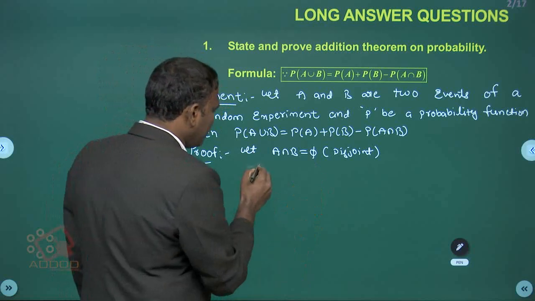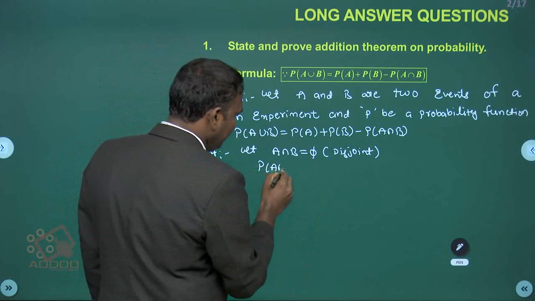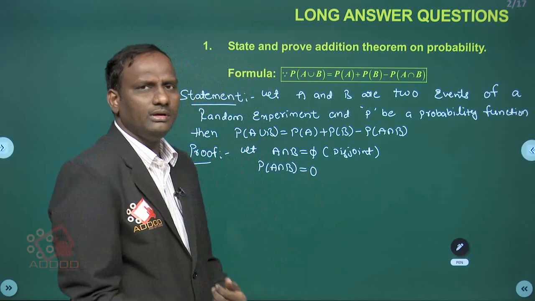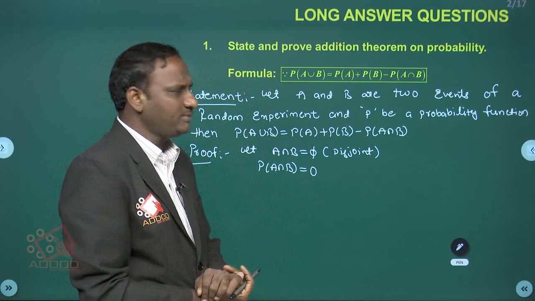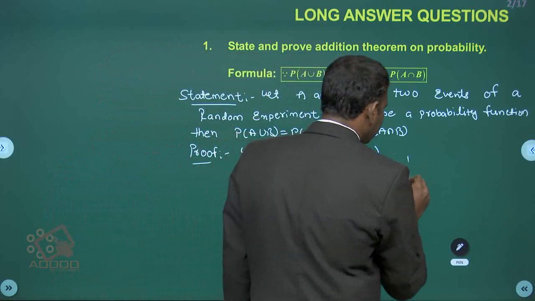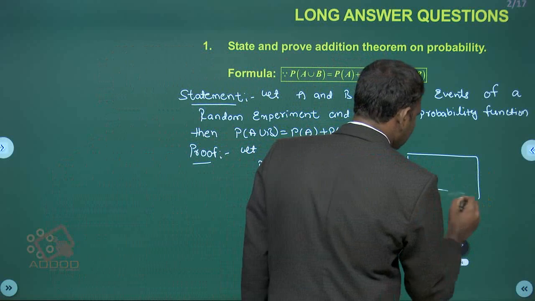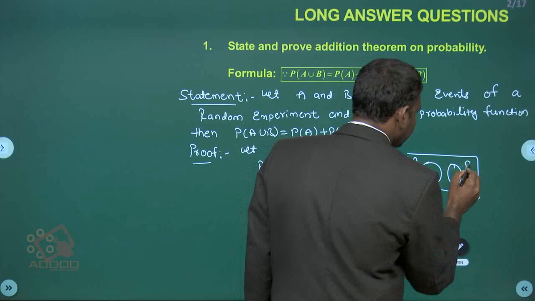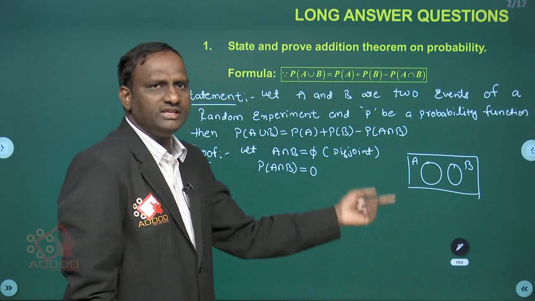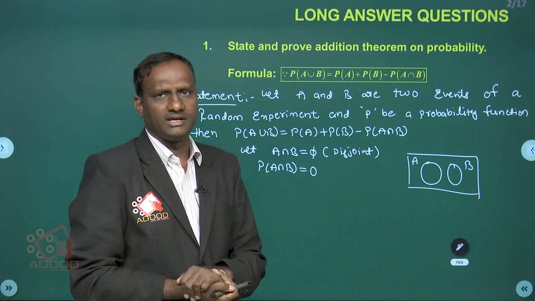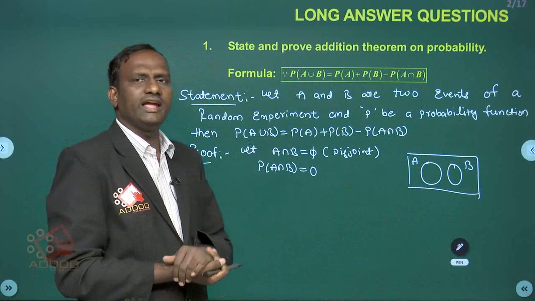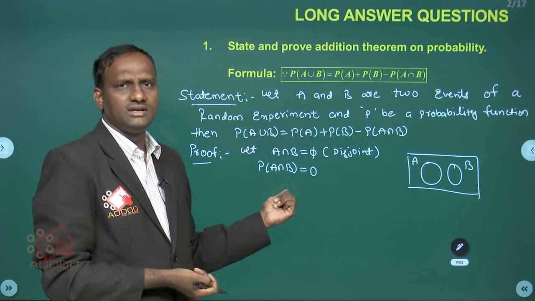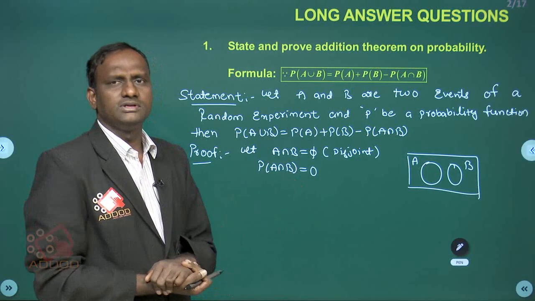So when you operate P on this, P of A intersection B will become 0. If you come to the figure, this is A and this is B. In A and B, there is no common element. So that's what we have taken here, A intersection B is equal to empty. When we operate the probability function, P of A intersection B becomes 0.